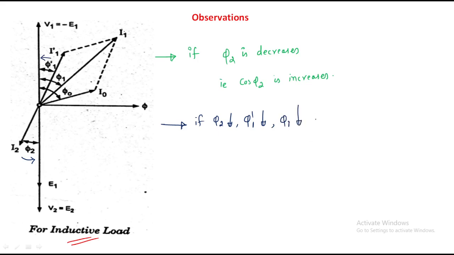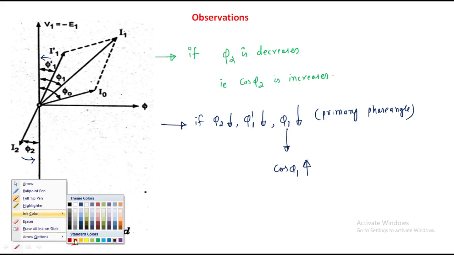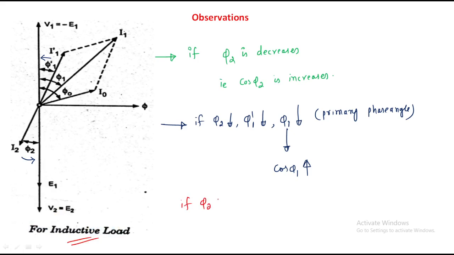Phi 1 is nothing but the primary phase angle. That is, phi 1 decreases, which means cos phi 1 increases. That is the statement: if phi 2 decreases, cos phi 2 increases, then phi 1 decreases and cos phi 1 increases.